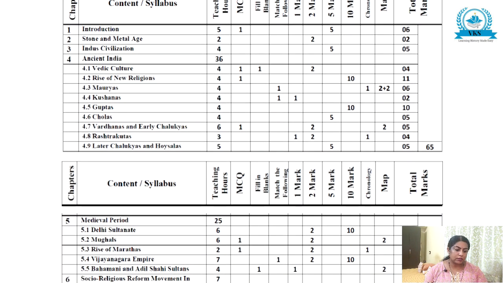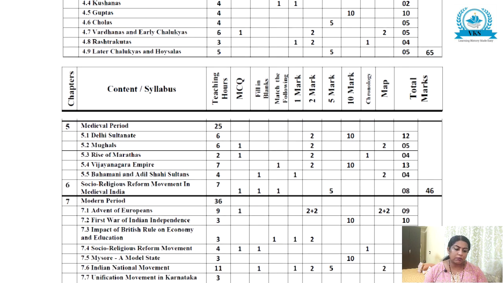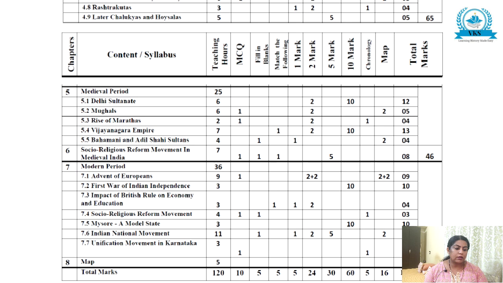Delhi Sultanate, 10-mark question. Vijayanagara Empire, 10-mark question can come. First War of Indian Independence, then Mysore model state. So these are 6 chapters in total from which 10-mark questions can come.